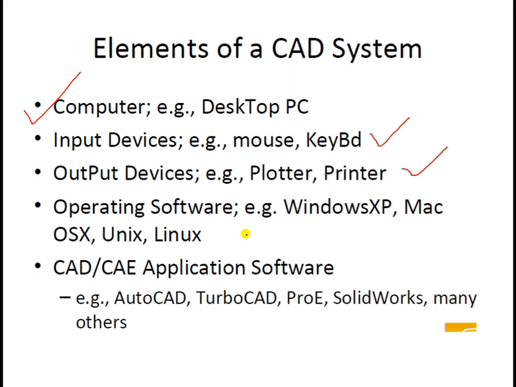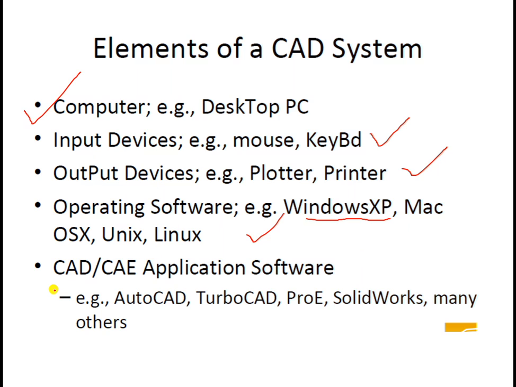And the operating systems needed are Windows XP, Mac OS X, Unix, Linux, and on every operating system you can run these commands. But generally in our case we are using the Windows operating system with which we can run this software.